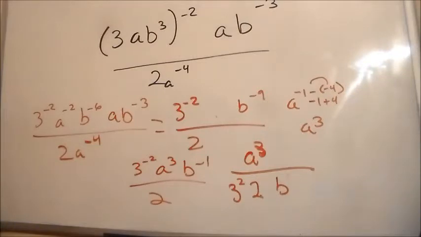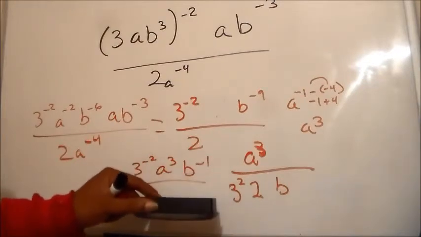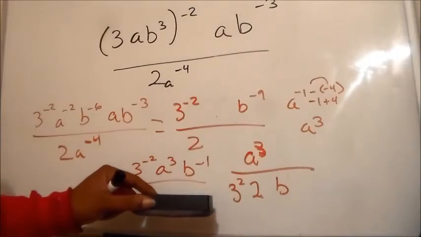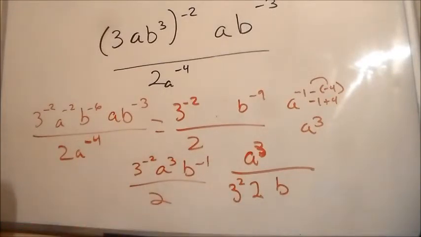So then all we have left is A cubed. We'll work at the bottom. 3 times 3 is 9. And add another 3, that's 27. And we got 2.